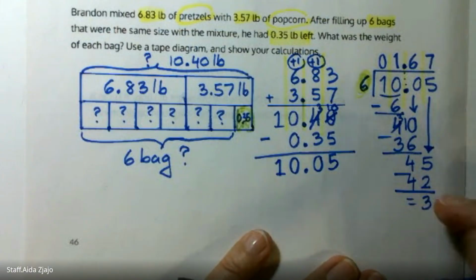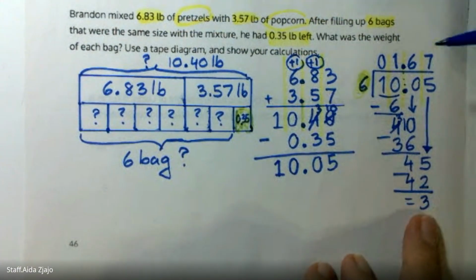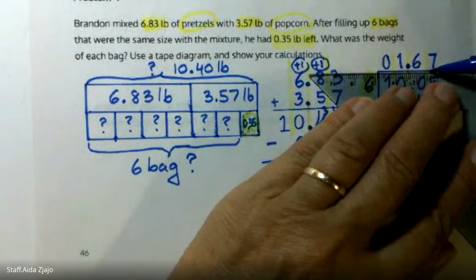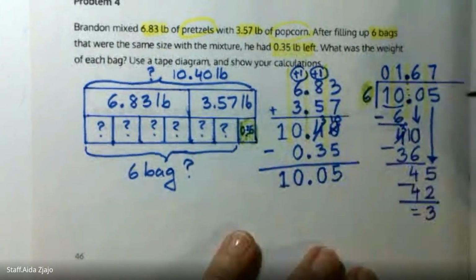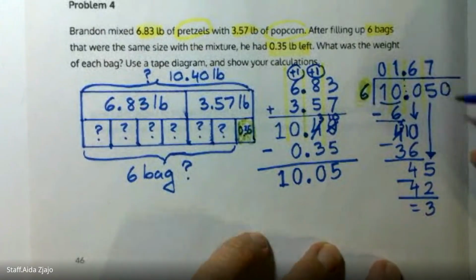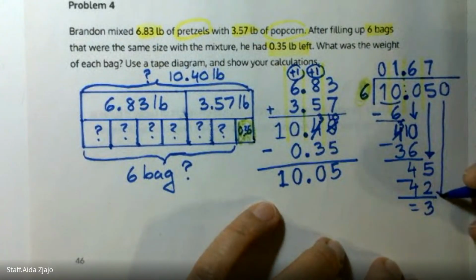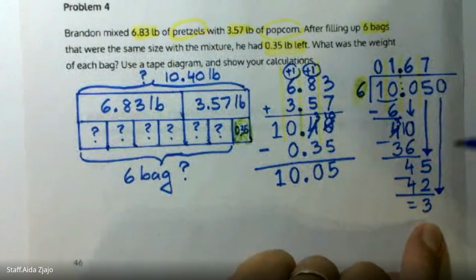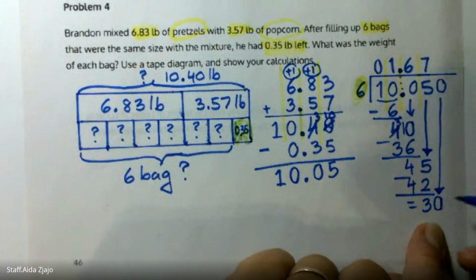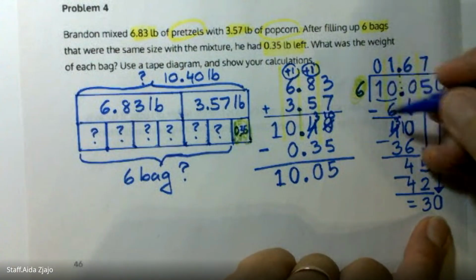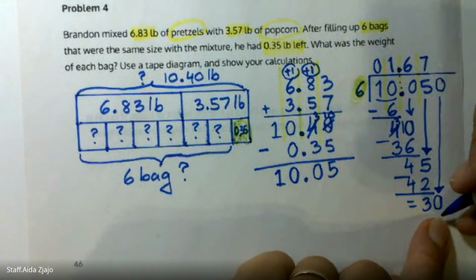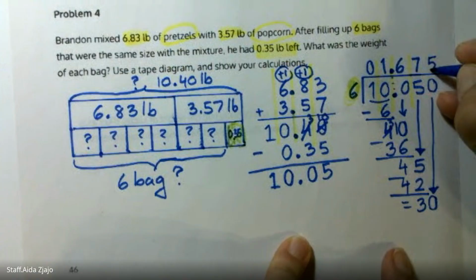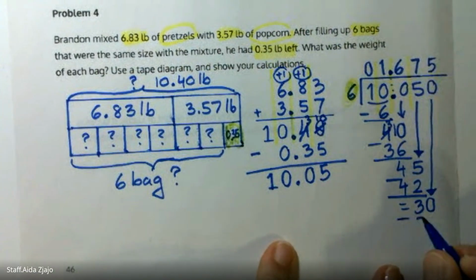I have a leftover, and I'm dividing decimals, so I have to keep going. It's okay if I add a 0 and bring it down. I'm going to regroup hundredths into thousandths, so now I have 30 thousandths. 6 times what is really close to 30? It's exactly perfect. 6 times 5 is 30.